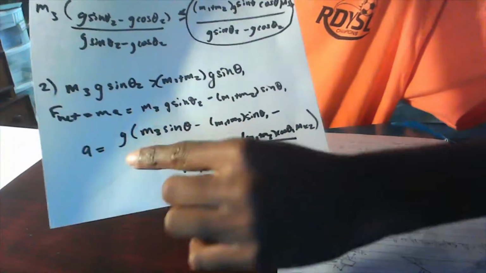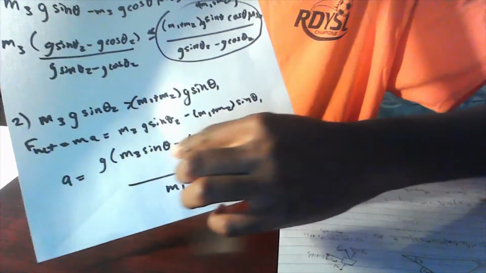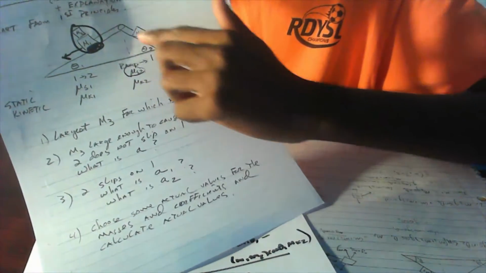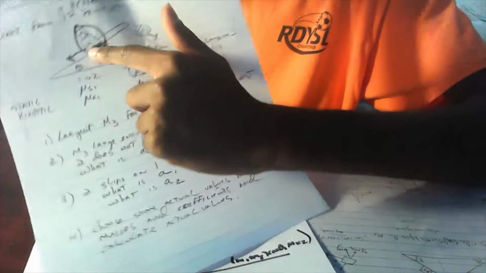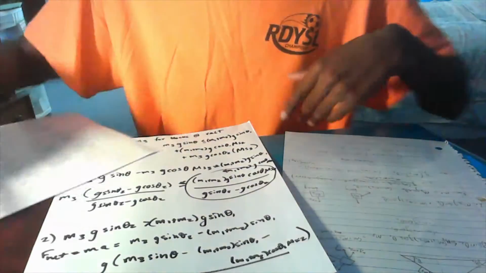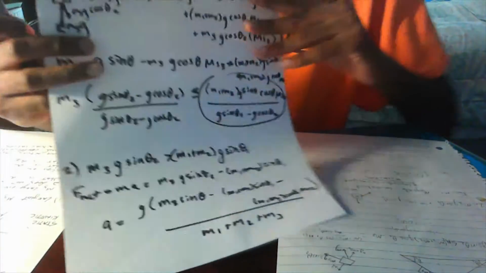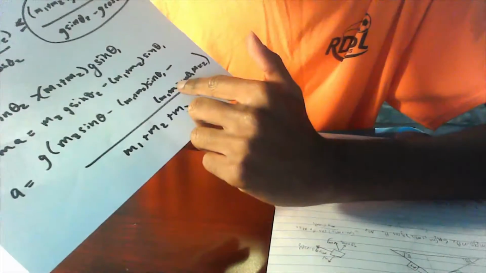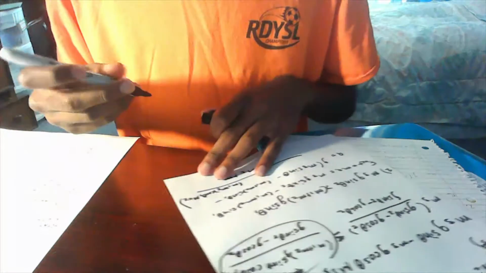So just breaking this down, you see the force of gravity acting parallel to the incline has to overcome the force of gravity acting parallel to the incline here and the friction here. See that here. And then I forgot one last part.